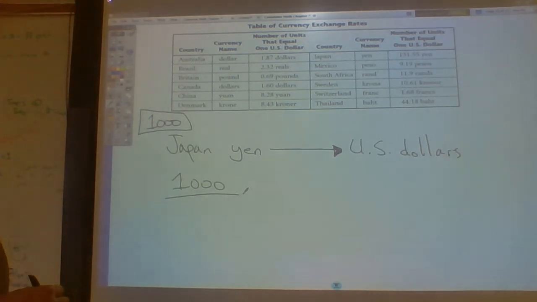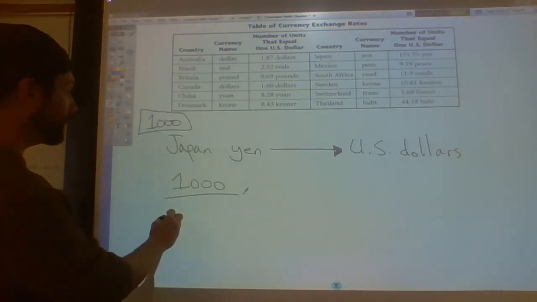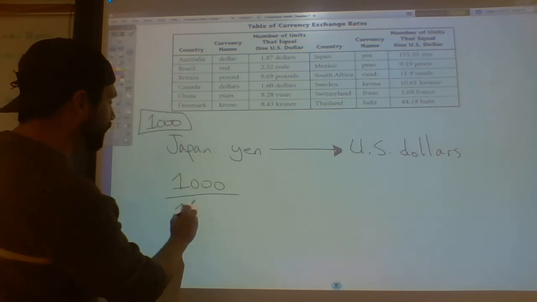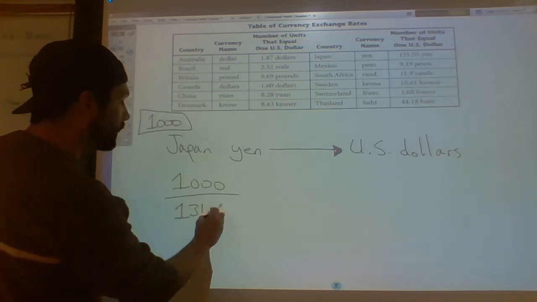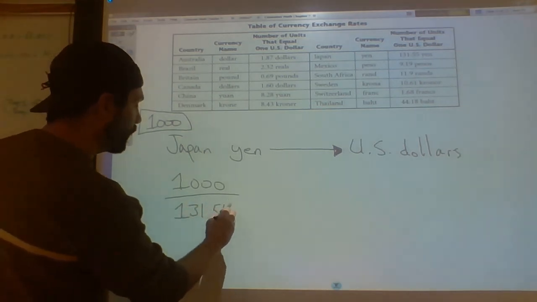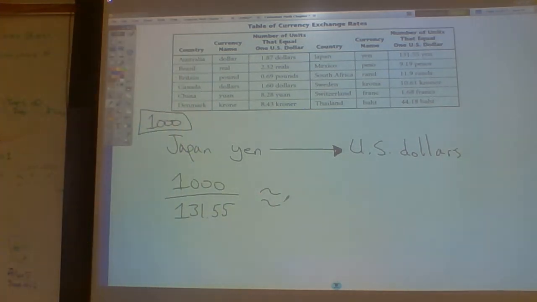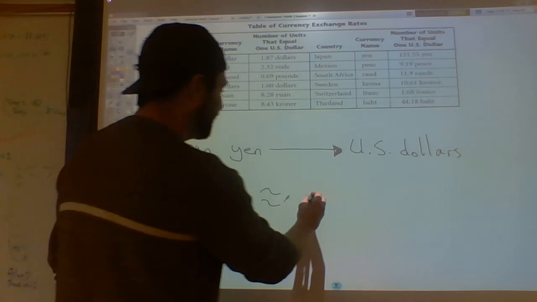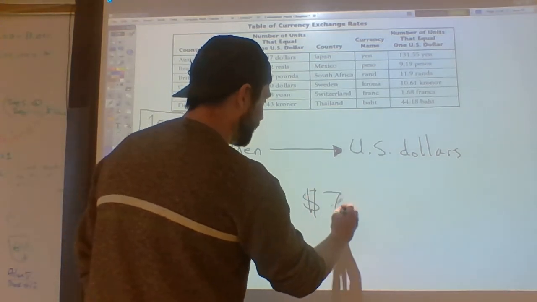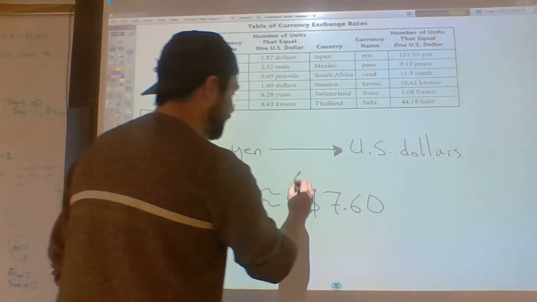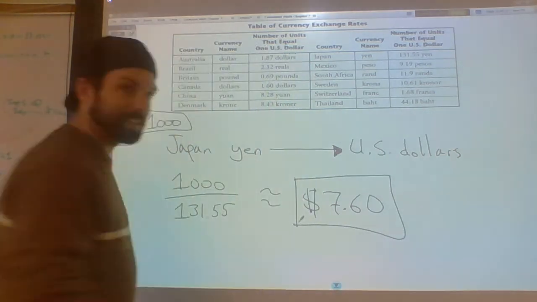In Japan, their currency is referred to as the yen. We have 1,000 yen, and for every 131.55 yen we have, we're going to get $1 back. So that 1,000 yen is actually only worth the same amount of money as $7.60.